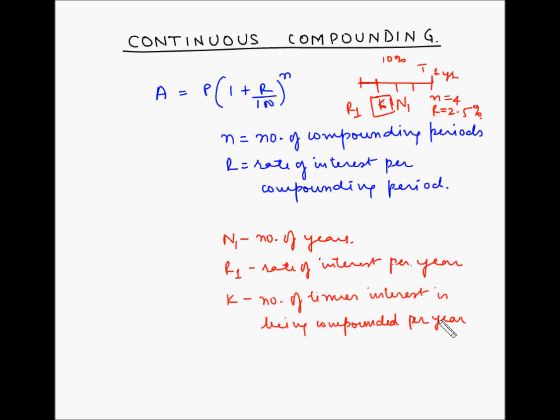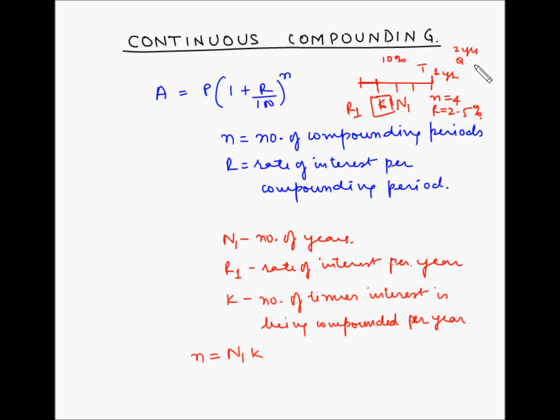So now with this relationship, let's express small n in terms of the big N1. So we get n is equal to N1 multiplied by K. Now let's understand this. Now let's take another quick example. Let's say the tenure was 2 years and interest is being compounded quarterly.